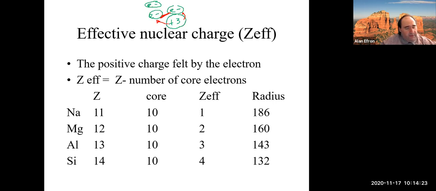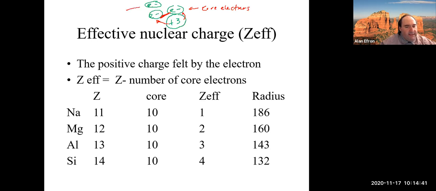So it's going to hold them really tight. These are sometimes referred to as the core electrons. Those are electrons lowest in energy, closest to the nucleus, really feeling a greater amount of that positive charge.